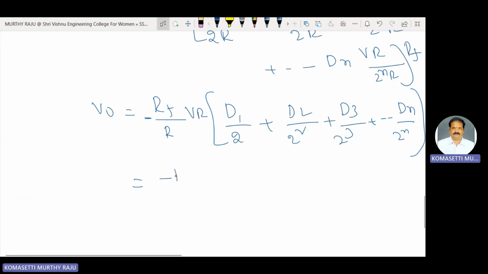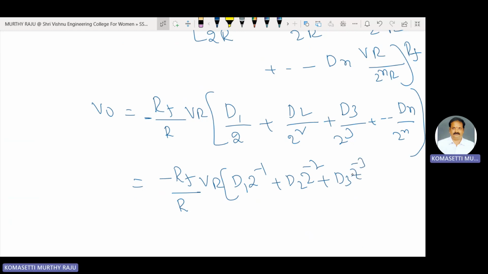Therefore, minus RF by R, VR, D1 into 2 power minus 1, D2 into 2 power minus 2, D3 into 2 power minus 3, and so on and so forth, Dn into 2 power minus n.